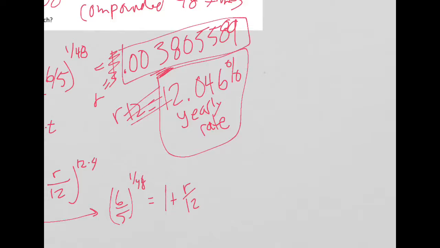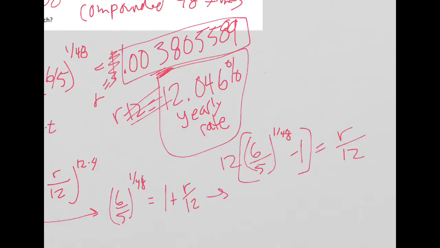The rate per compounding was that, because you can see here I need to subtract 1 from that. So I get 6 over 5 to the power of 1 over 48 minus 1 equals r over 12. And then I multiply by 12 on both sides to get my rate by itself.